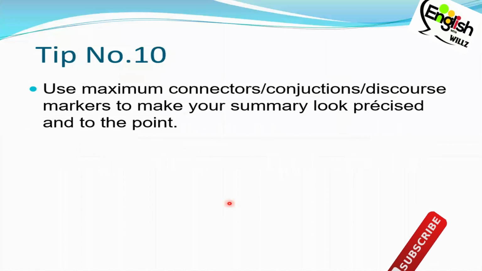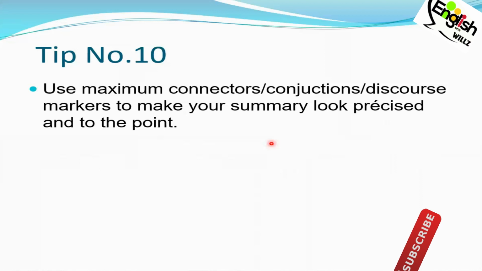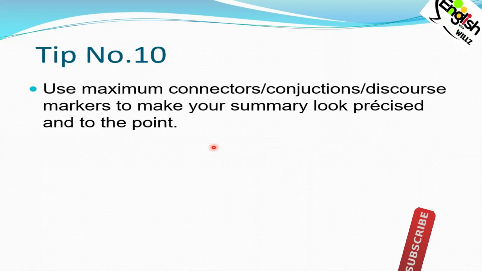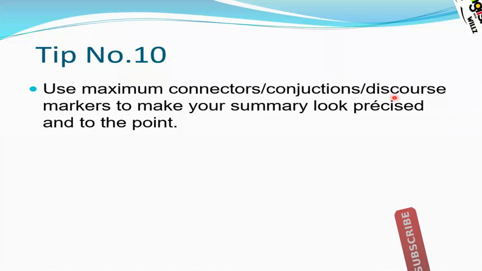Now tip number 10 says, use maximum connectors, conjunctions and discourse markers to make your summary look precise and to the point. This means that, in order to avoid using "and then, and then", you can use so many other connectors, conjunctions and discourse markers, the transition words.